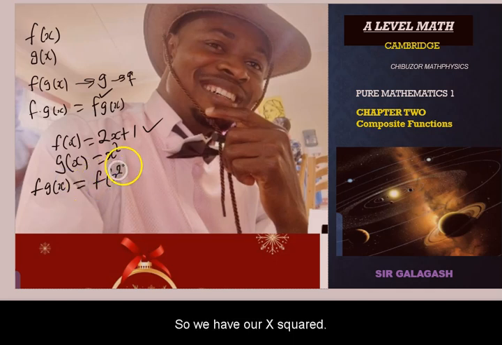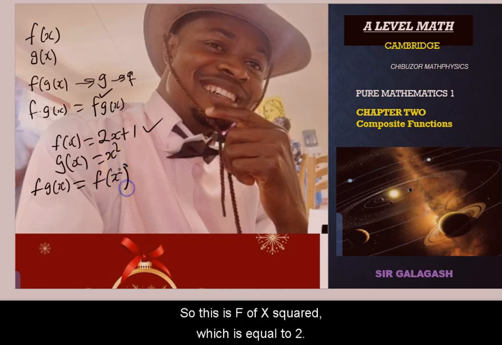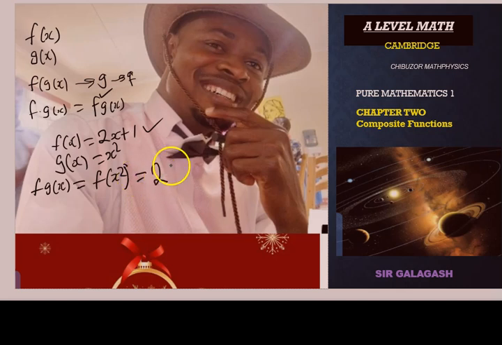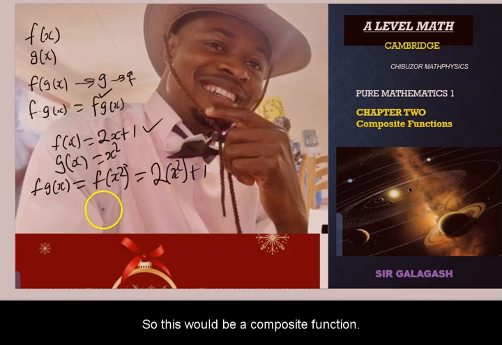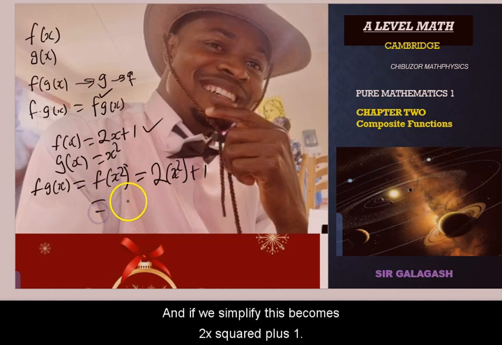So this is f of x squared, which is equal to 2 times x squared plus 1. So this would be our composite function. And if we simplify, this becomes 2x squared plus 1.